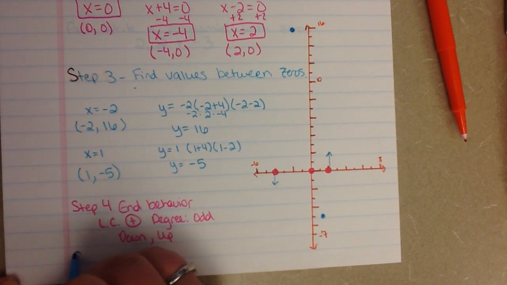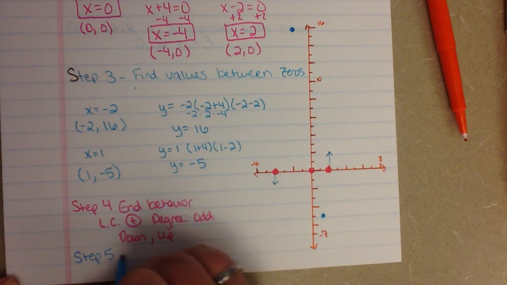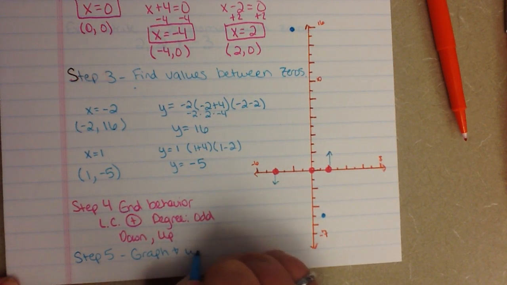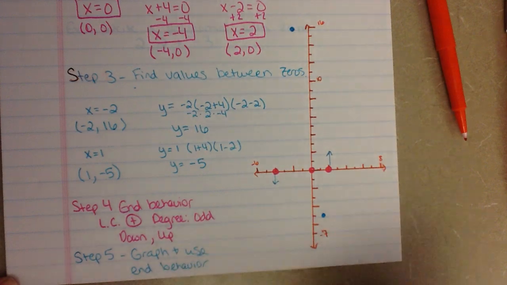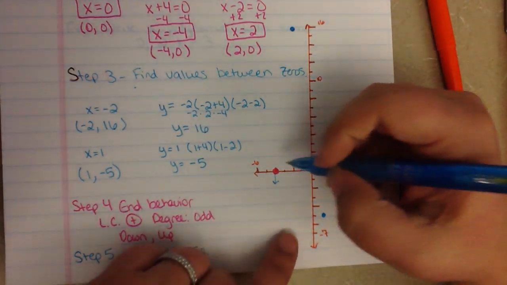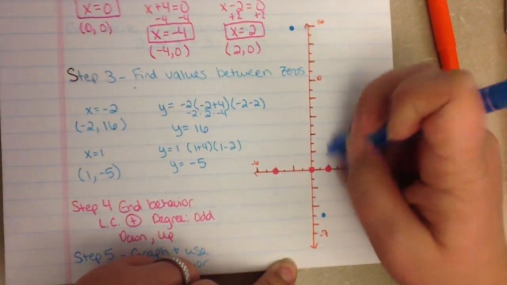So then all that leaves us with is step 5, where we graph and use our end behavior. Okay, I'm going to draw this with my erasable pens just in case I mess up.